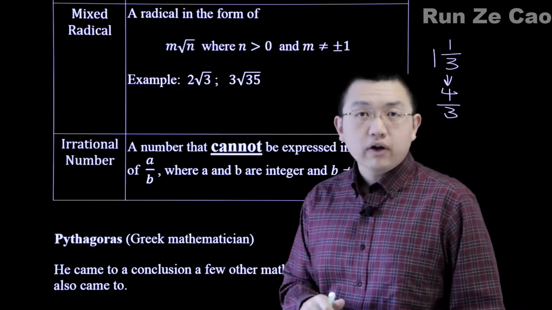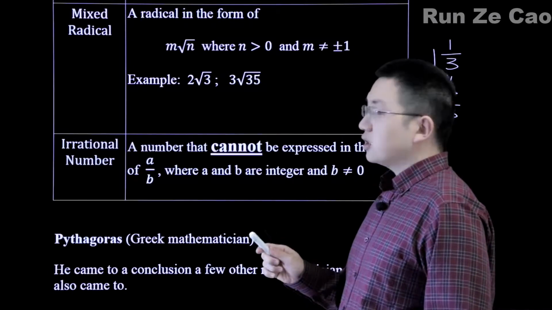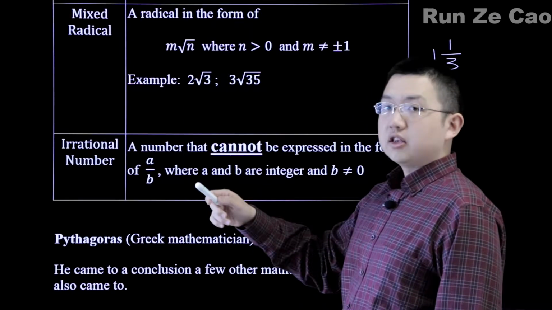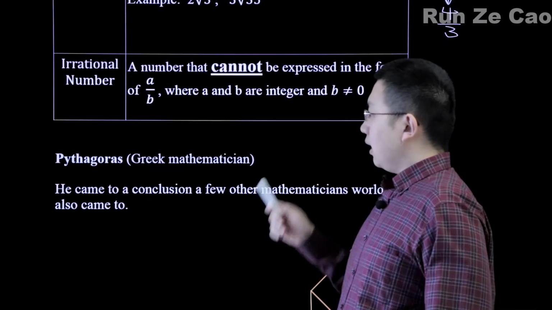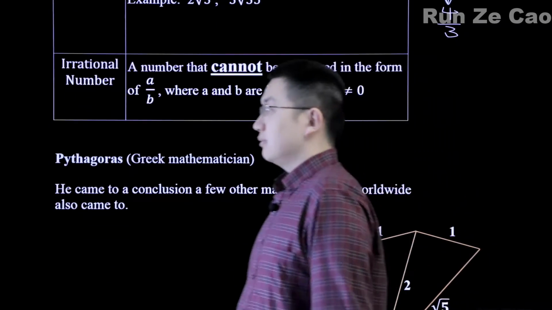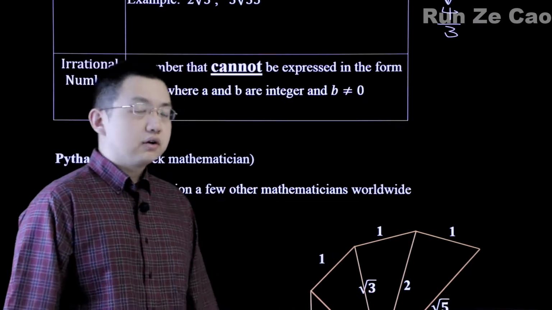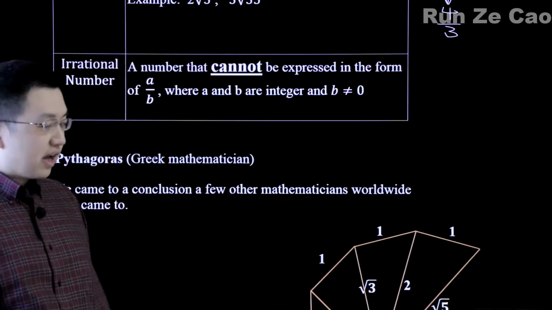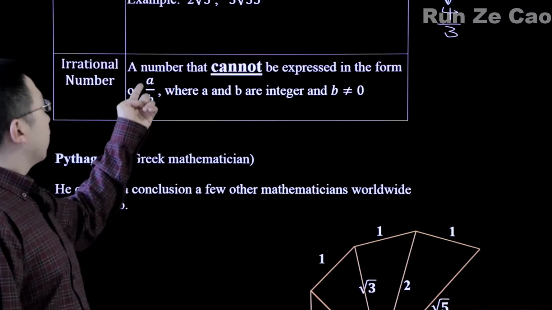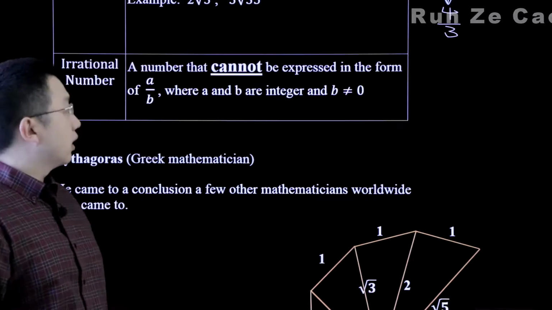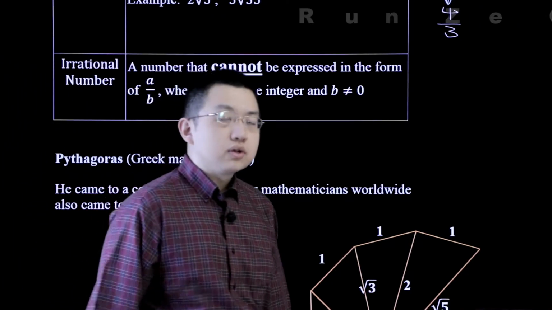Regional conventions will vary. For example, if I recall correctly, in East Asian countries, when it's a root, it means plus minus. An irrational number is not a number that is nonsense. It is very reasonable, it has some value, but it cannot be expressed in the form of a over b, where a and b are integers and b is unequal to 0.